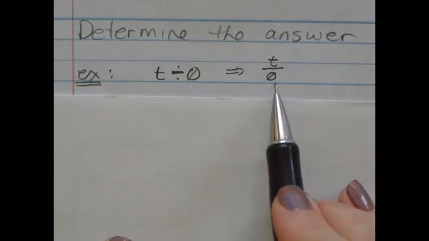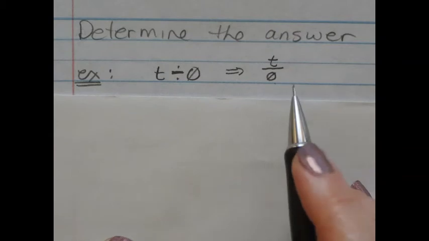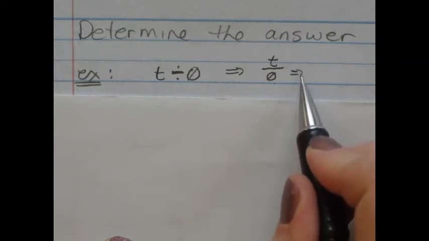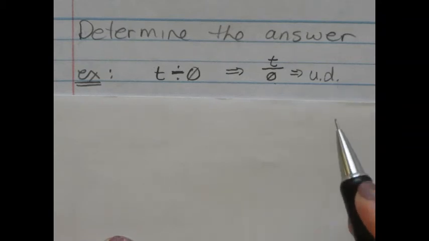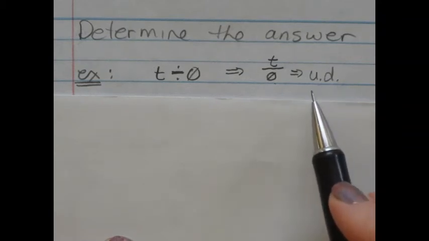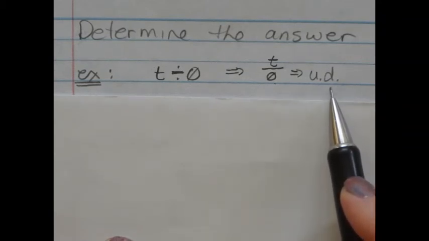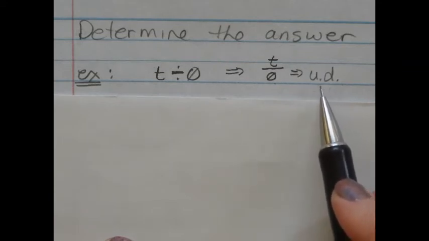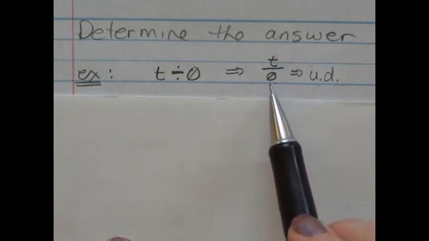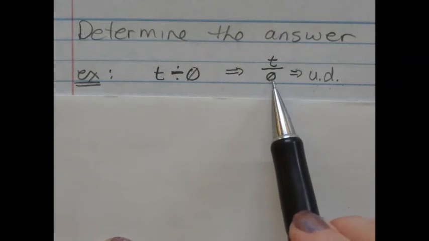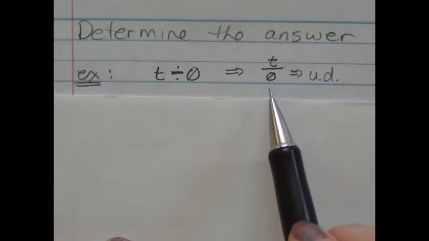If you change it to a fraction, it might be easier for you to see that this is undefined. I'm just going to write UD, but understand that this means undefined. Now your teacher may end up asking you to spell this out, but for my class, UD is fine. But by writing it as a fraction, it's easier to determine if it's undefined when 0 is in the denominator, or if it's 0.